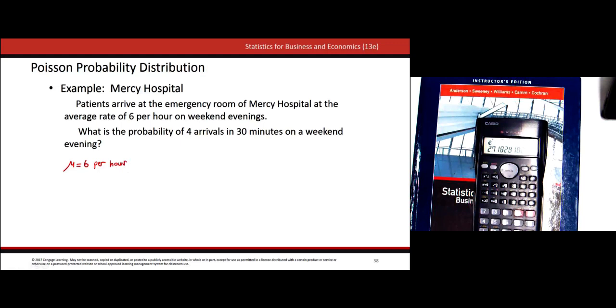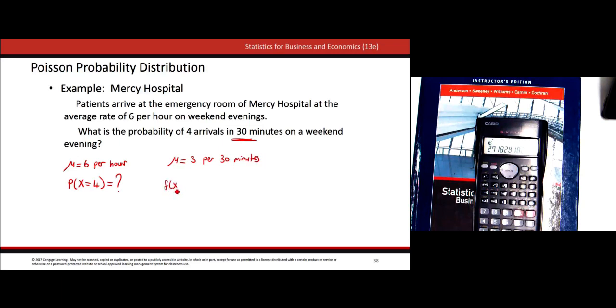What's the probability of 4 arrivals in 30 minutes on a weekend evening? If you have on average 6 patients per hour, then how many do you have per half an hour? Which is 3 per 30 minutes.